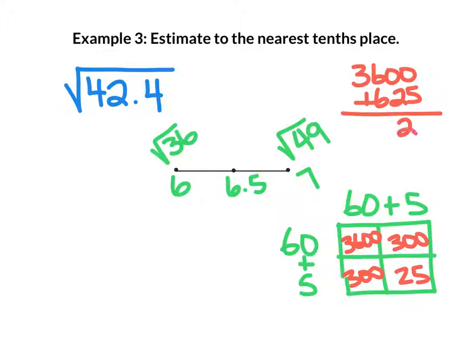So that's going to be 42 and 2,500. So my decimal point will go right there. So that's pretty close to 42 and 4/10.